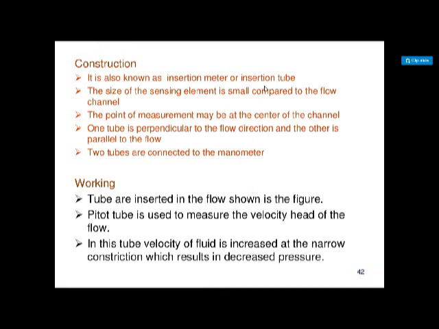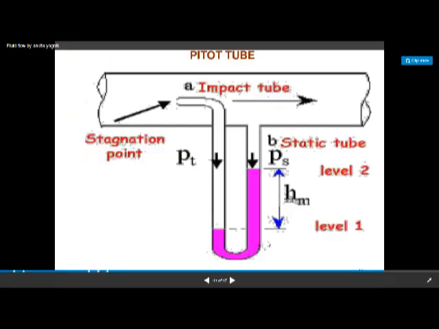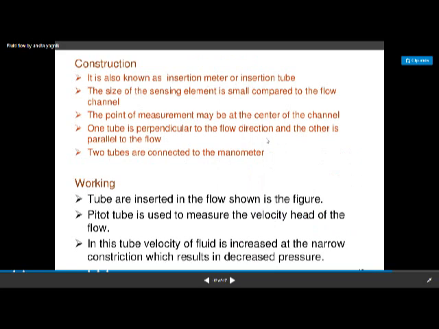The size of the sensing element is small. The size of this sensing element is very small compared to the flow channel, as we have seen in the principle, and the point of measurement may be at the center of the channel. See, this is the center of the channel, and we are going to measure the flow at the center of the channel.